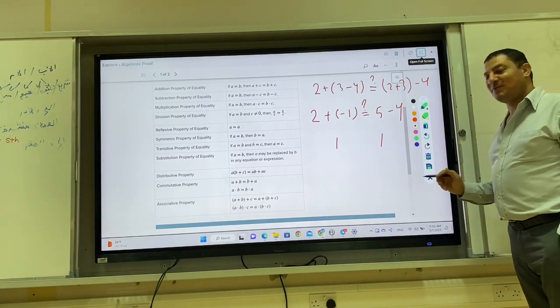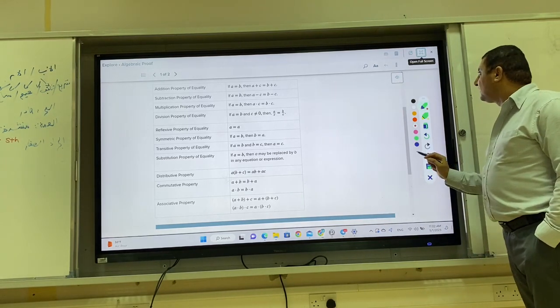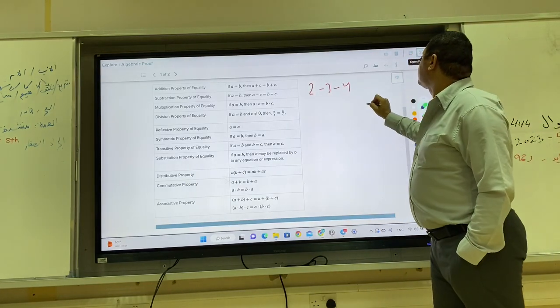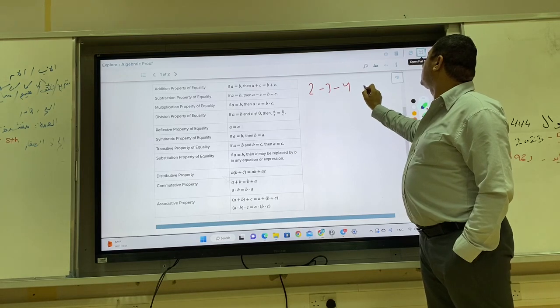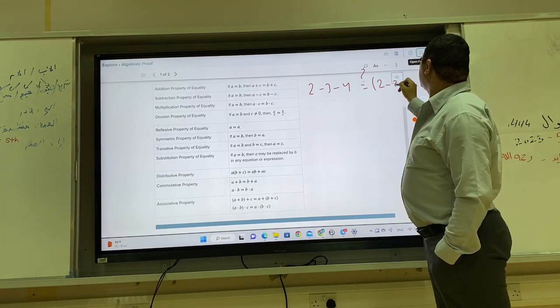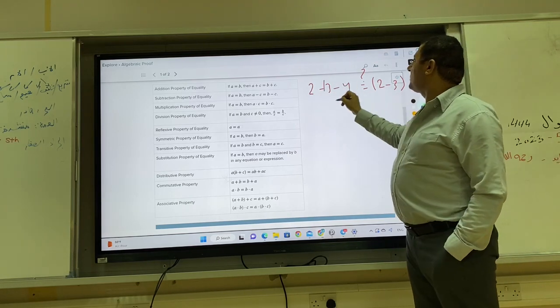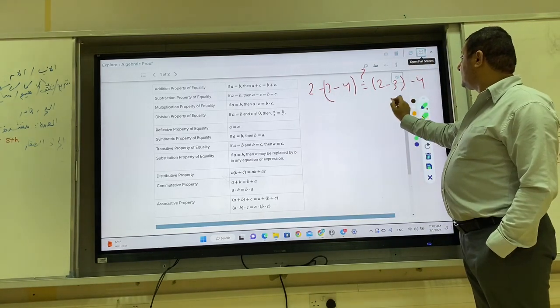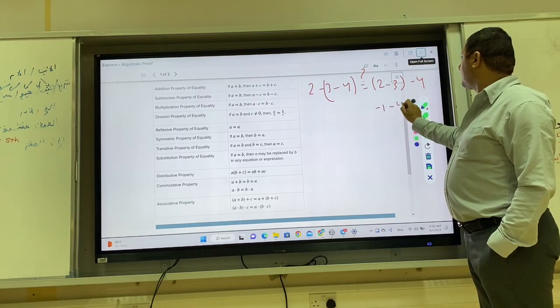I will do a different example. Okay. Let's make 2 minus 3 minus 4, and see if it's equal to 2 minus 3 minus 4 with the parentheses placed differently. Let's check. 2 minus 3 is negative 1, minus 4.